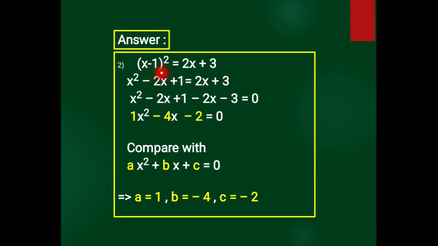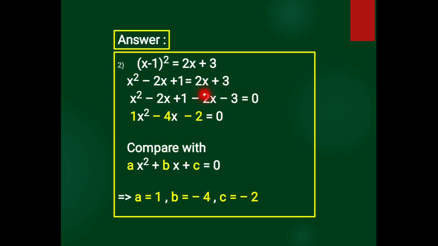In this question, in the left hand side we have x minus 1 whole square, so we have to apply the formula a minus b bracket square. So first we simplify the LHS by using the formula a minus b bracket square. So we write here x square minus 2x plus 1, and keep the RHS as it is, 2x plus 3. Now transfer both these terms to the left hand side.